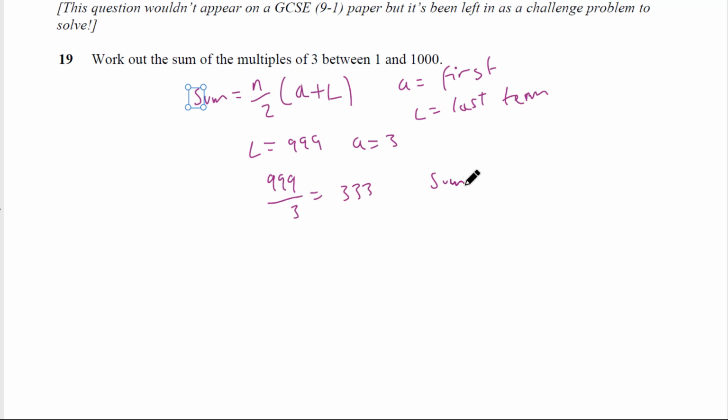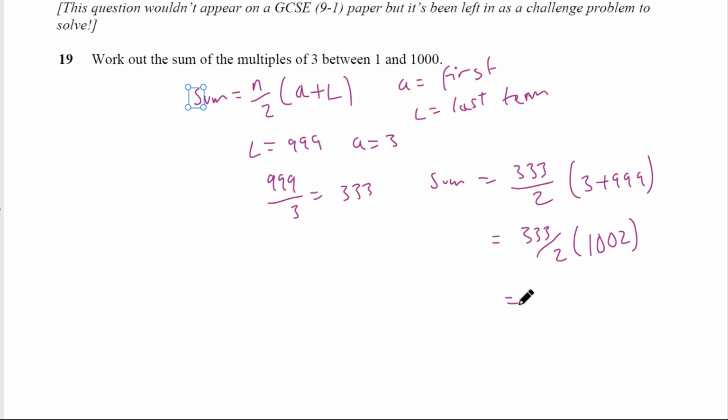So the sum is going to equal 333 divided by 2 times (3 plus 999). So that equals 333 over 2 times 1002.